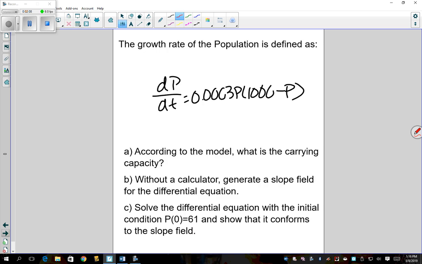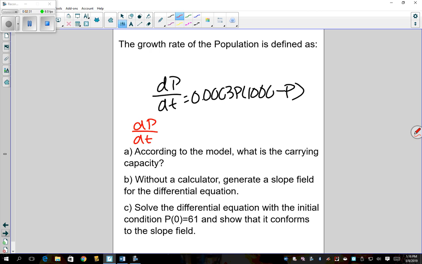We're given that the growth rate is defined as dP/dt equals 0.0003P times (1,000 minus P). This is basically what we are going to see for our logistic model.